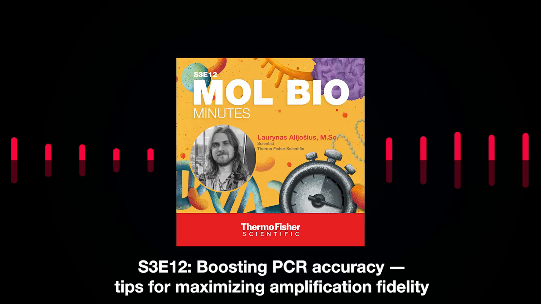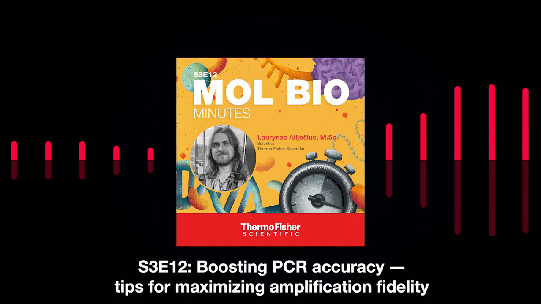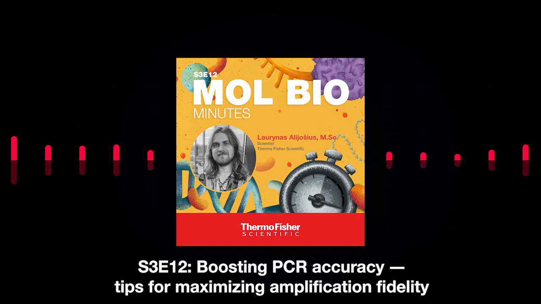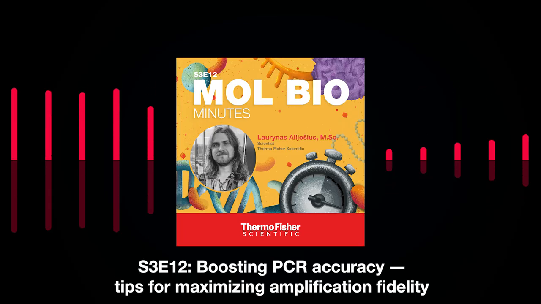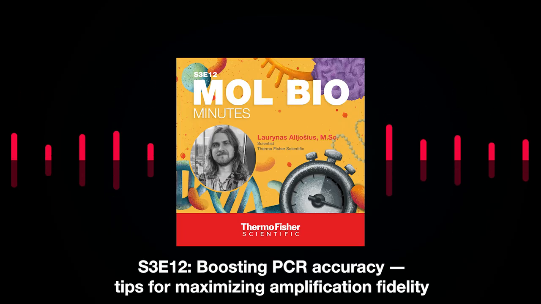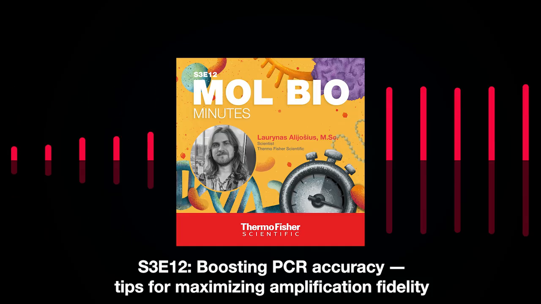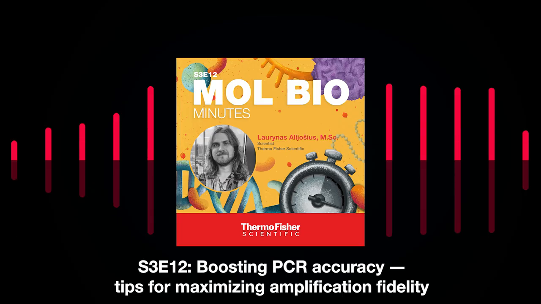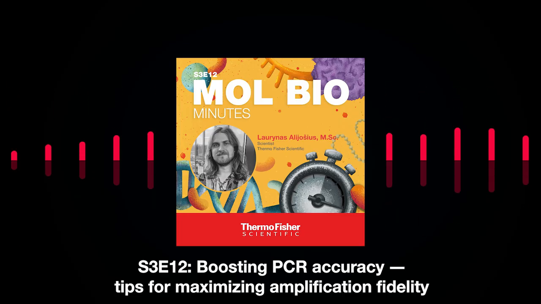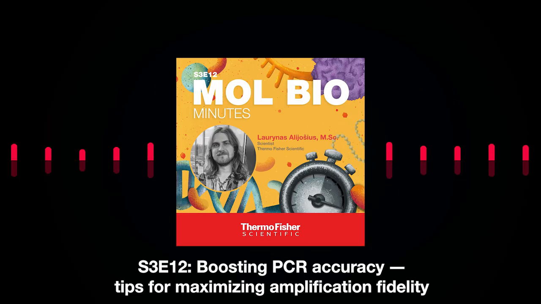So we figured out that components impact the accuracy of the PCR, right? But what about the cycling conditions? Does it also affect the accuracy of the PCR or not? Well, the answer right here is yes. Suboptimal cycling conditions can also lead to inaccurate PCR, unfortunately. For example, if you use very long denaturation times, that can increase the likelihood of non-specific binding and eventually lead to some amplification errors.